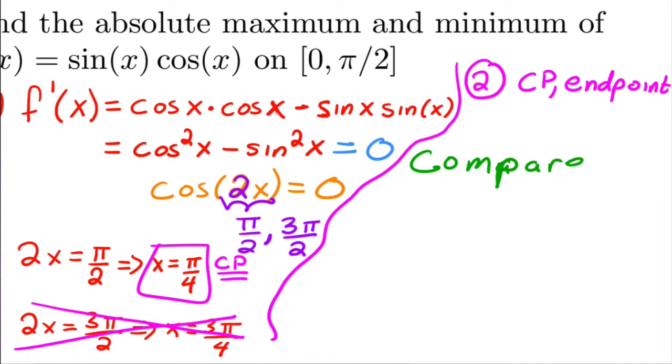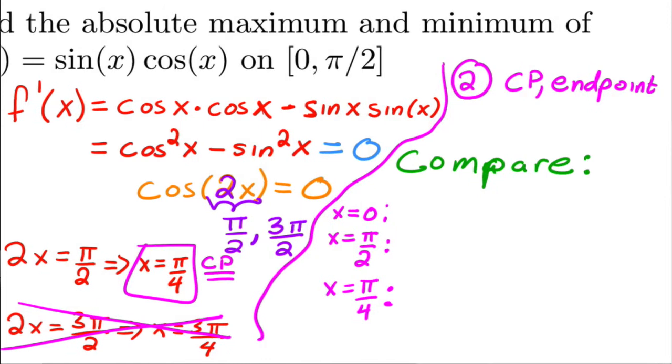We're going to plug in x equals 0, x equals pi over 2. Those are my endpoints. And then x equals pi over 4, which is my only critical point. And so remember, these are all the possible spots where the absolute maximum and minimum can occur. And so I'll plug in all 3 of these into the original function, and I'll just pick the biggest and the smallest, and those would be my maximum and minimum.